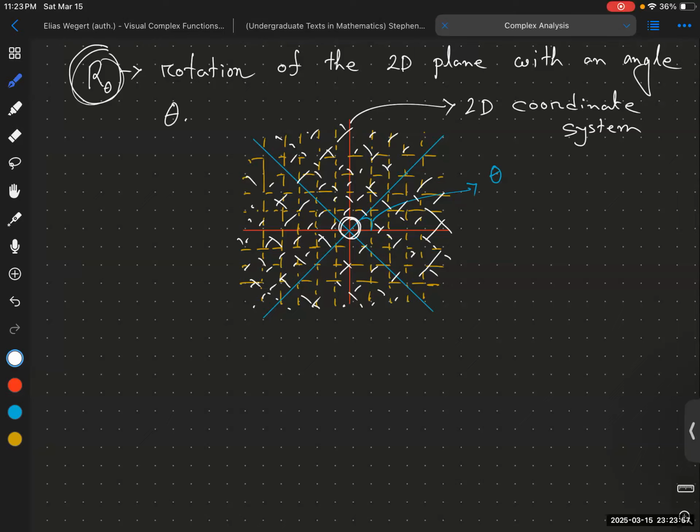And all the grid lines are straight lines. Our axis lines are straight lines, and all the grid lines are straight lines. So intuitively, we can say that this R theta is a linear transformation, or map.